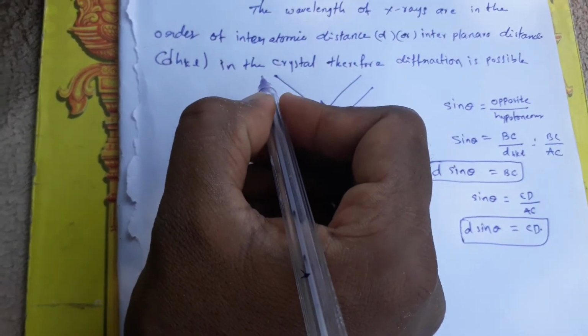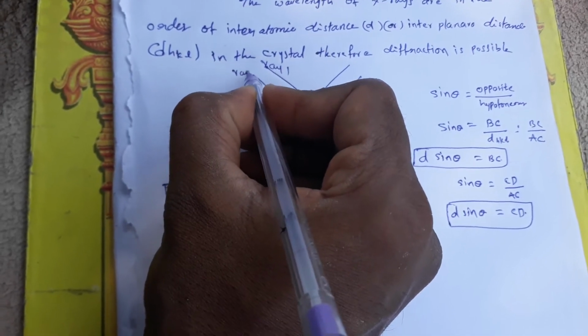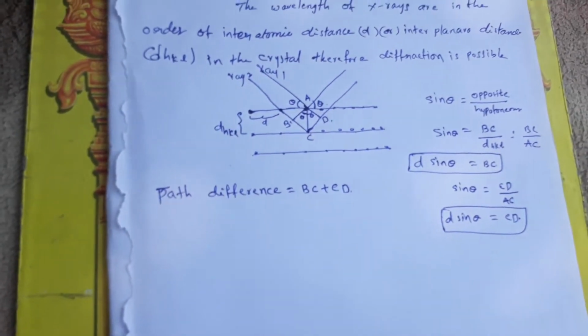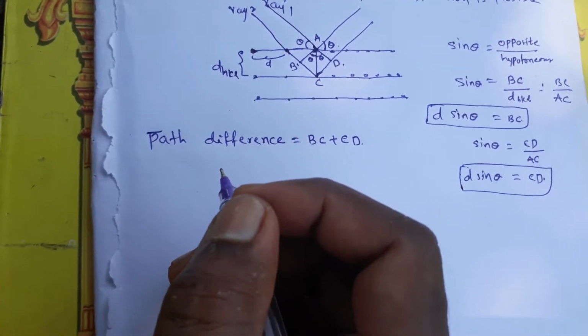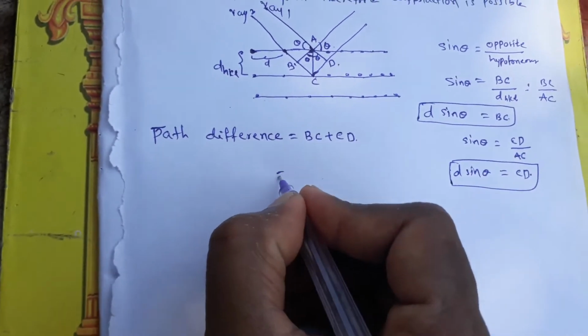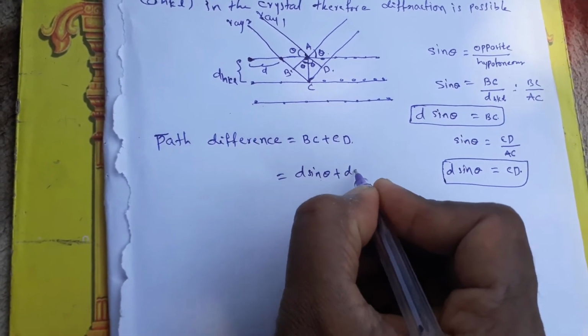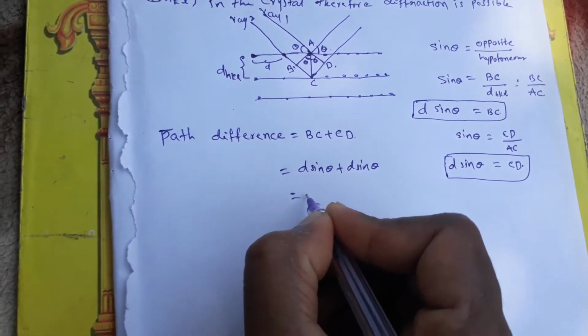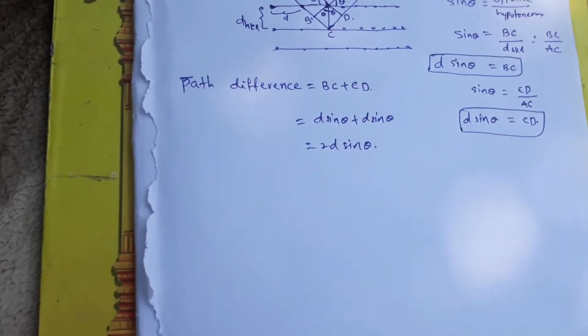So here rays are coming, ray 1 and ray 2. These are X-rays, which means they have some wavelength. So BC plus CD is equal to d sin theta plus d sin theta, which is 2d sin theta.